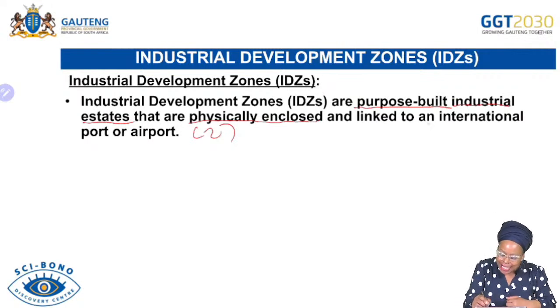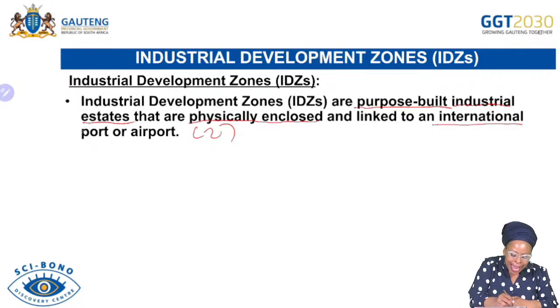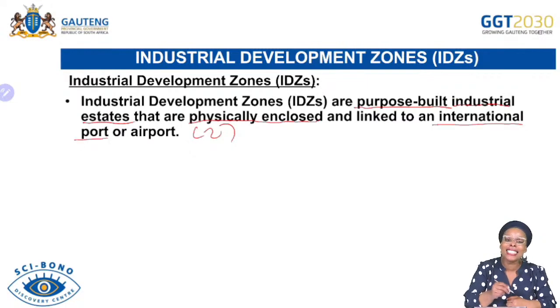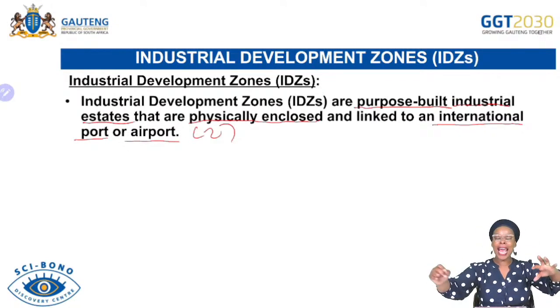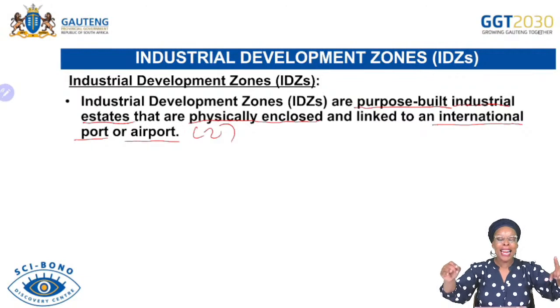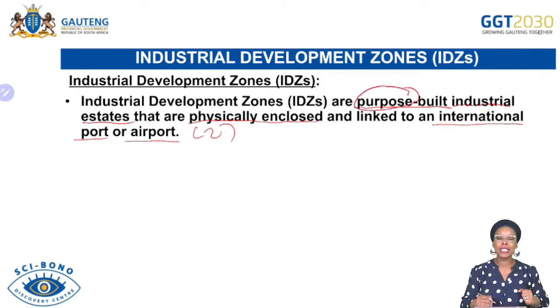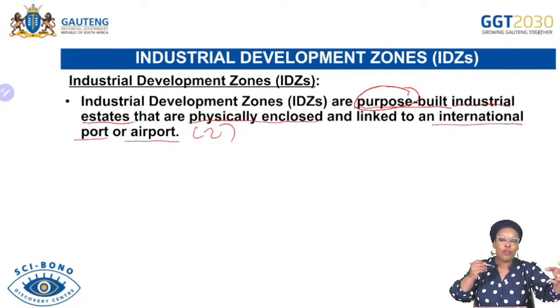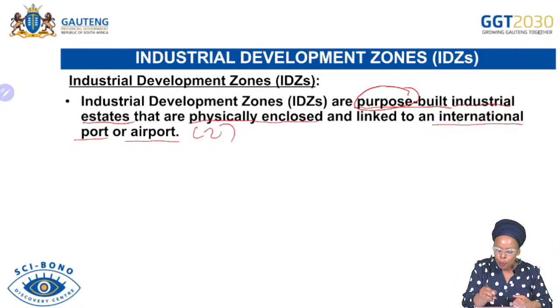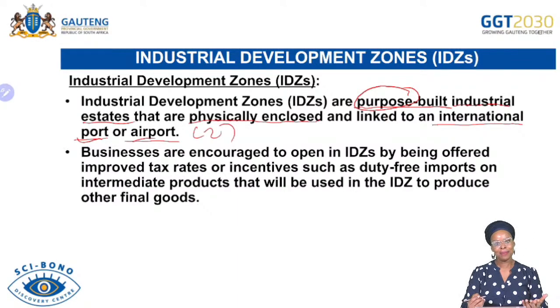The last one is that they should be linked to an international port or harbor or an international airport. There must be an airport or a harbor nearby. Why? Remember, the purpose is for export, so that exportation of goods can be easier through the international port or the international harbor. I now think that you understand.